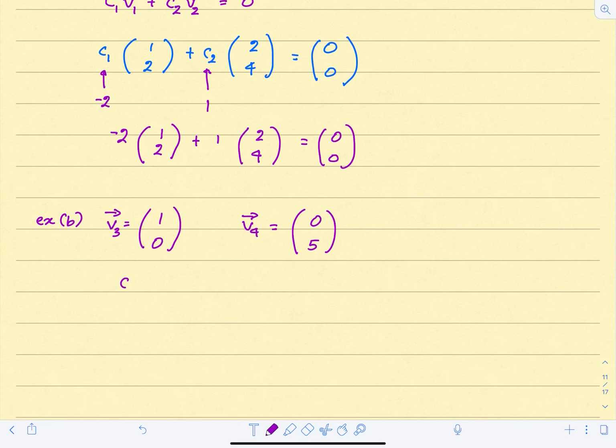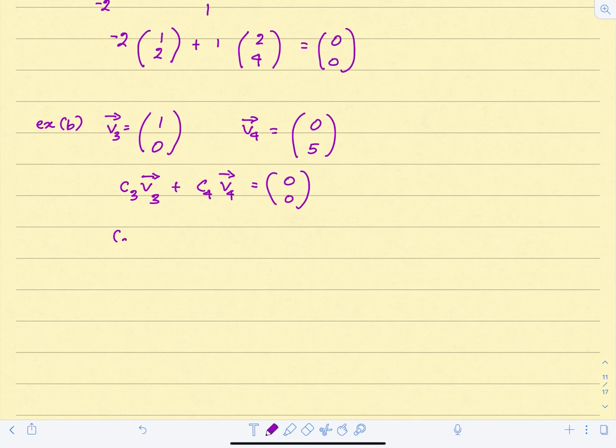Now let's consider a linear combination of these two vectors that gives the zero vector. Okay, so we have c3 times vector (1, 0) plus c4 times vector (0, 5) equals (0, 0). So what are the c3 and c4 values that lead to the zero vector?